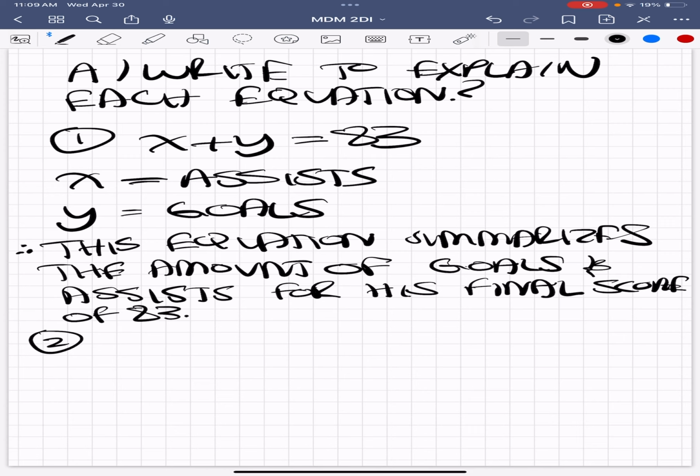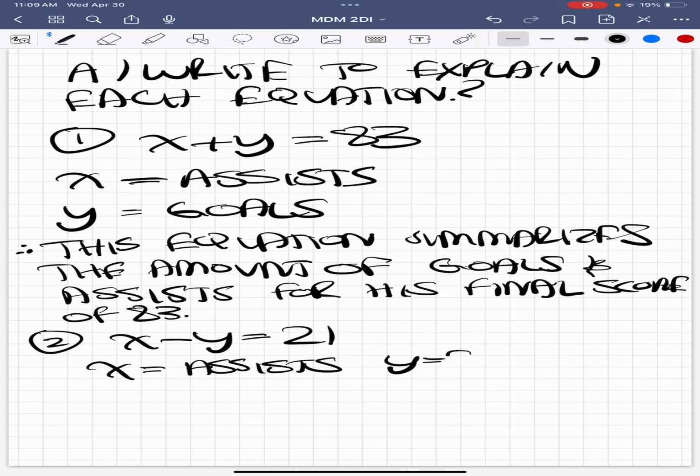And then we have equation 2, x minus y equals 21. This equation summarizes that he scored 21 fewer goals than assists.